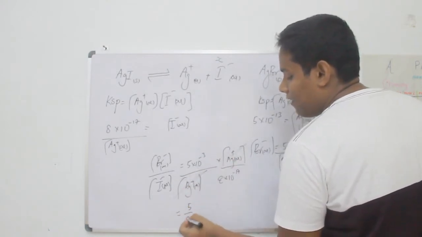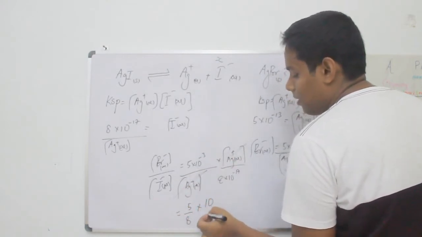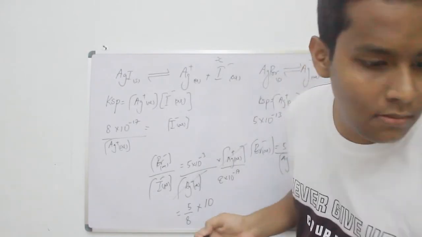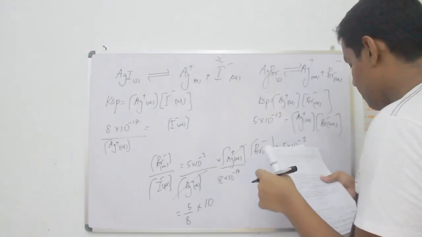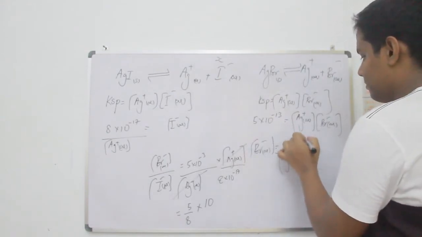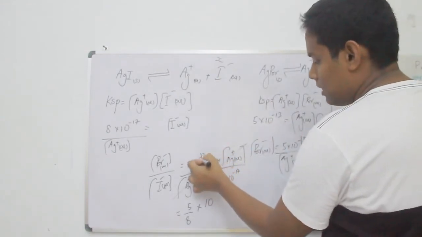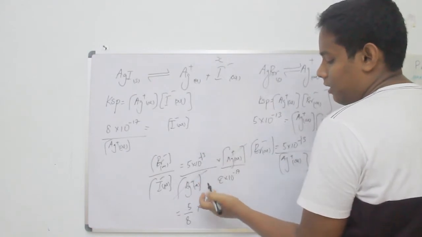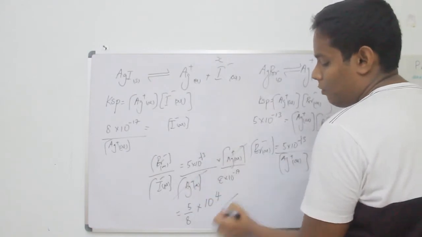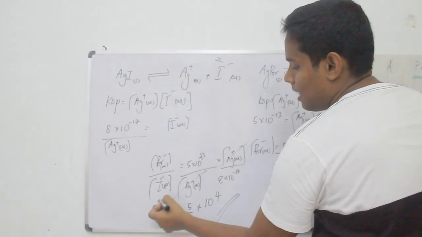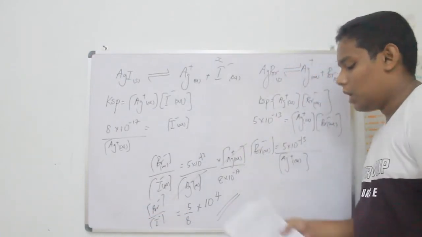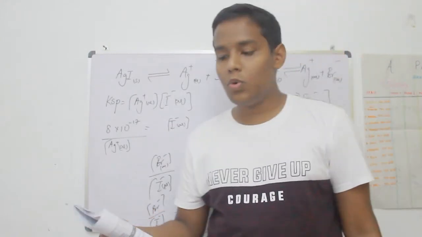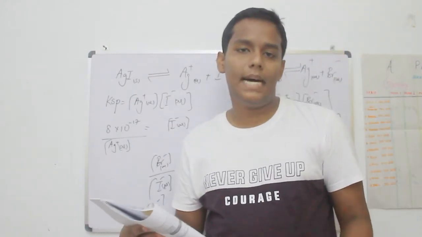So this is 5 over 8 into 10 to the power, sorry, this is 5 into 10 to the power 13... so 17, 13, 14, 15, 16, 17, 10 to the power 4. So this will be Br minus over I minus concentrations. So your answer should be answer number 4. For question number 7, your answer will be answer number 4.